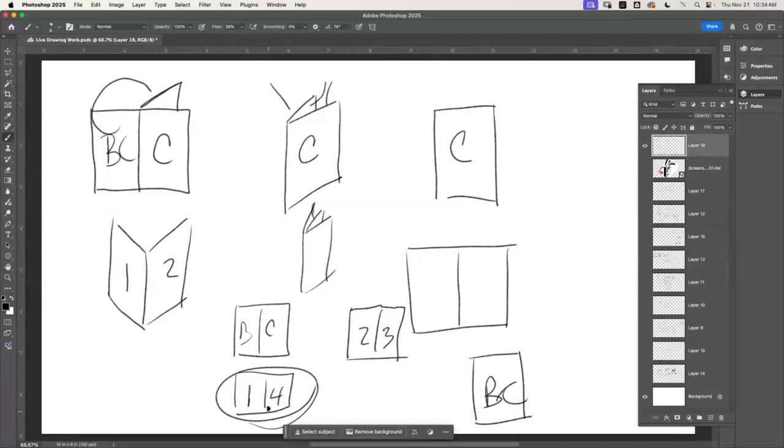So in a really rudimentary way, page 1 and page 4 are next to each other because you have an inset of page 2 and 3, but 2 and 3 would just be a single piece. This would be if you could see both sides at once. So it does get a little bit crazy, and that's why it's really good to figure this out and know it.